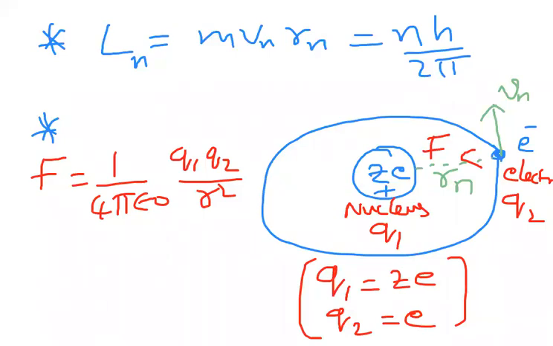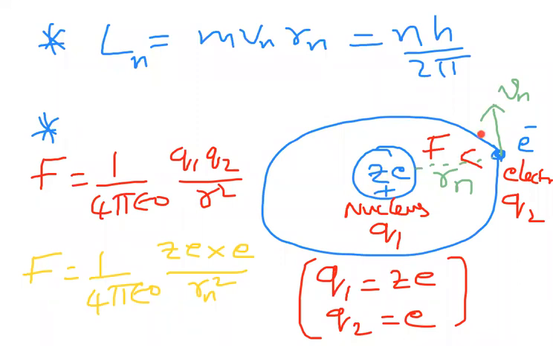Now observe carefully. Substituting these two in the formula, F is equal to 1 by 4 pi epsilon naught Ze into e by Rn square, where Rn is the radius of the nth orbit. This force is called the electrostatic force between the two charges, and it acts toward the center because the electron is attracted toward the center.